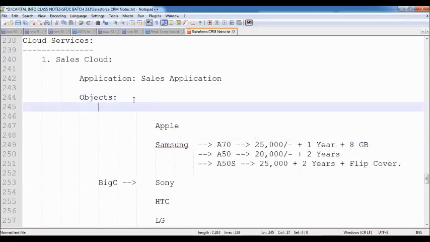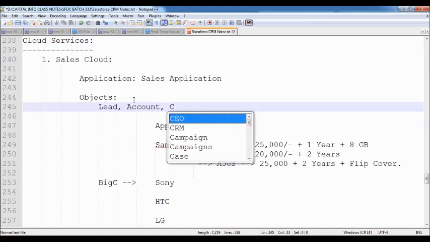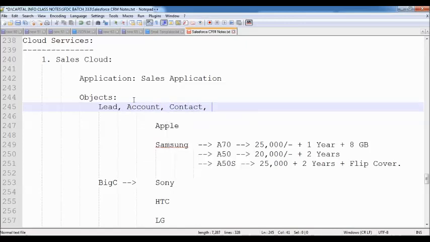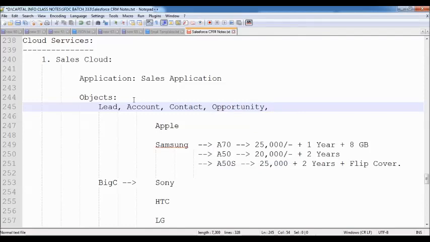Like we are using the lead object, the account object, the contact object, and the opportunity object. We are using the product object, because to store all the products information we use the product object.